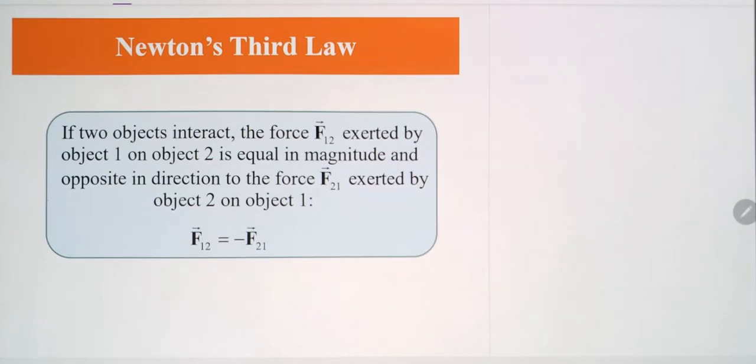If you talk about the weight, the vertical force on the moon will be less than on Earth. But if you talk about the horizontal force needed to move, you need to apply a force horizontally. That horizontal force on the moon and on Earth is the same, because F equals ma. Nothing changes.